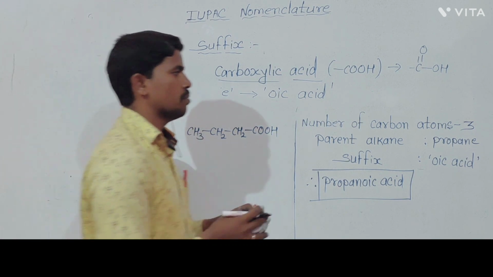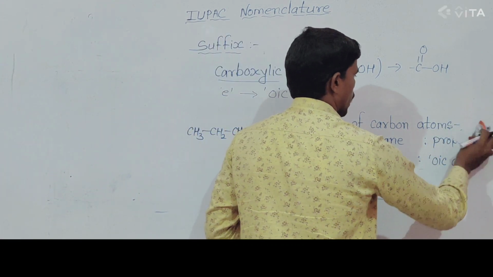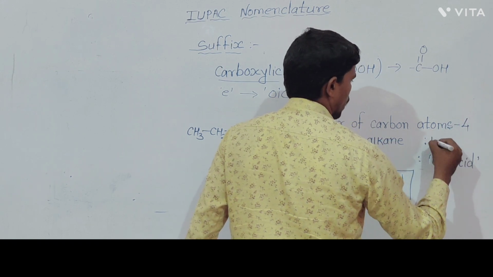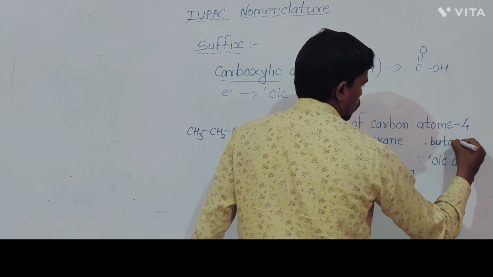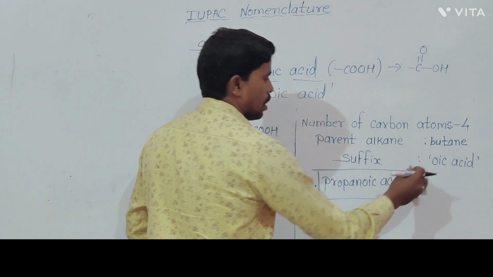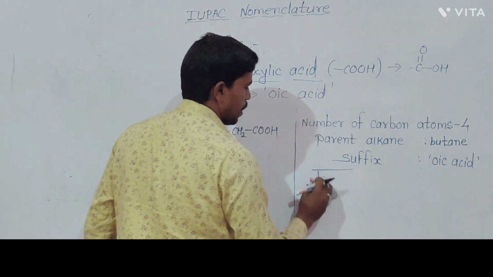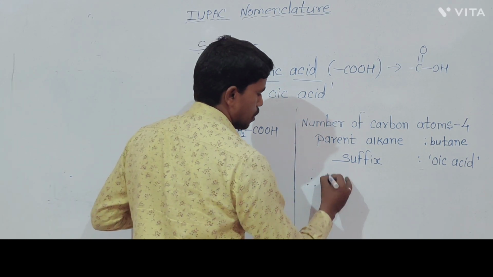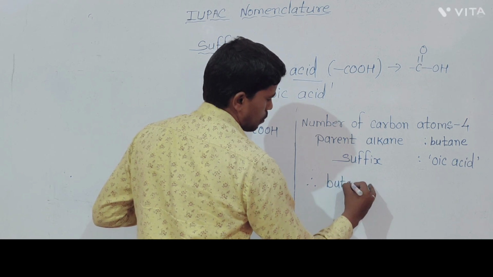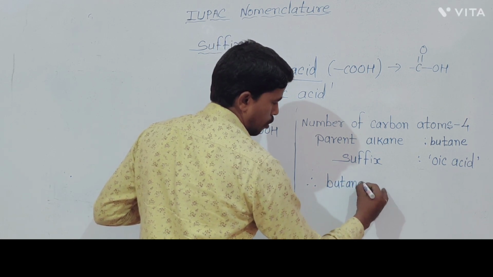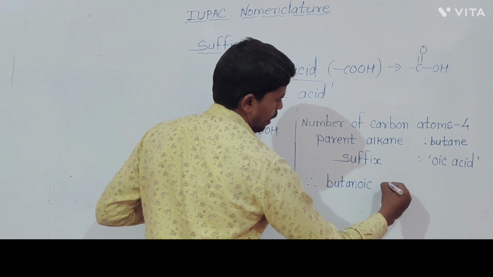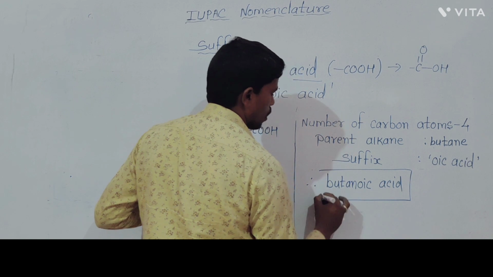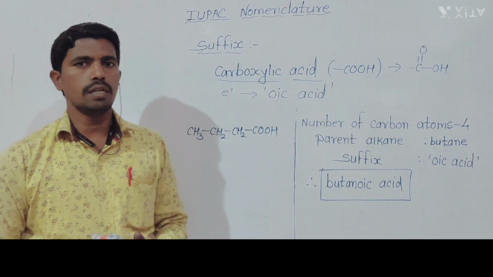The parent alkane of 4 carbon atoms is butane, and the last E of butane is replaced by OIC acid. Therefore, the name of the given compound becomes butanoic acid.